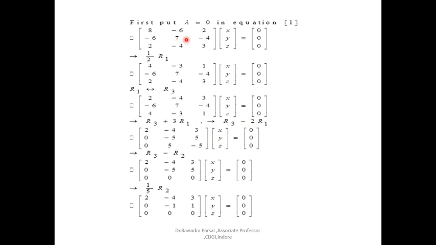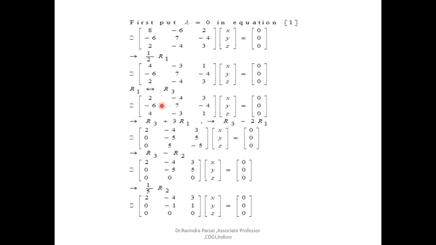Our objective is to find these unknowns by reducing this coefficient matrix into echelon form, just like the process we know. The first row is divisible by 2, so we multiply the first row by 1/2 and you will get 4, -3, 1, while the remaining rows stay as they are.